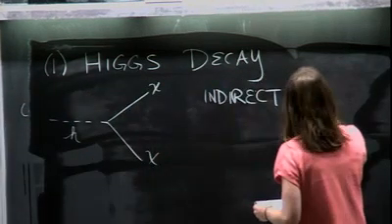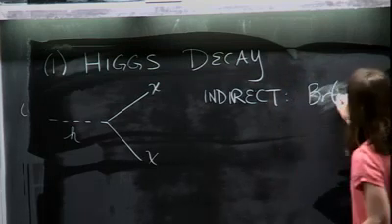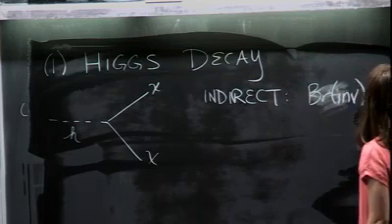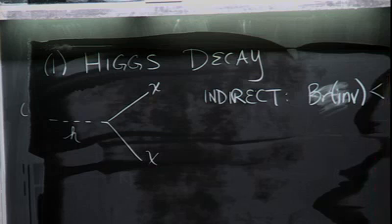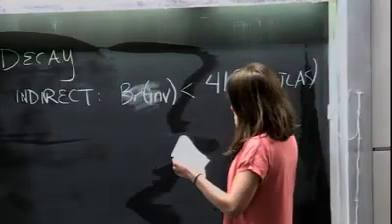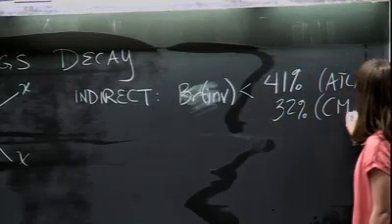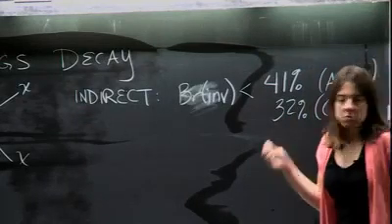If we do that, the experiments find that the invisible branching fraction for the Higgs must be less than 41% for ATLAS. CMS finds less than 32%. So, not too far off.